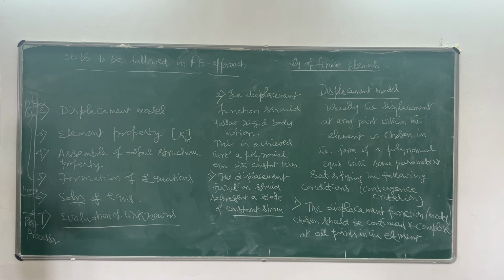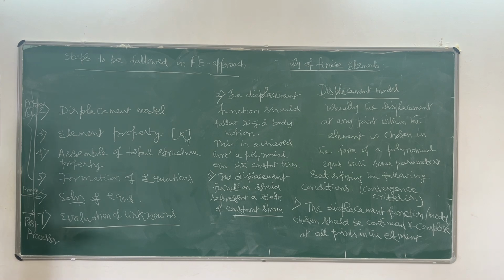The displacement model, whatever equation you choose, should be able to represent a state of constant strain. Strain is after all the derivative, the change in the displacement. That may be the first derivative, slope, or second derivative, curvature, like that. Those derivatives should be present. It should not become 0. That's called constant state of strain. Even the strain, if it is there, should be a state of constant strain. It should not become totally 0.